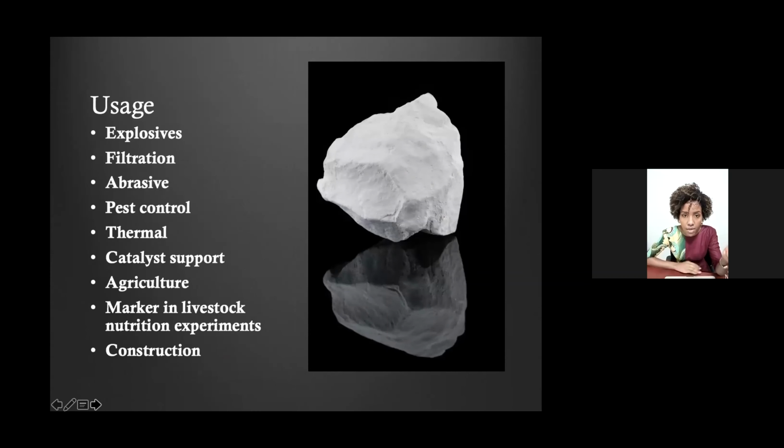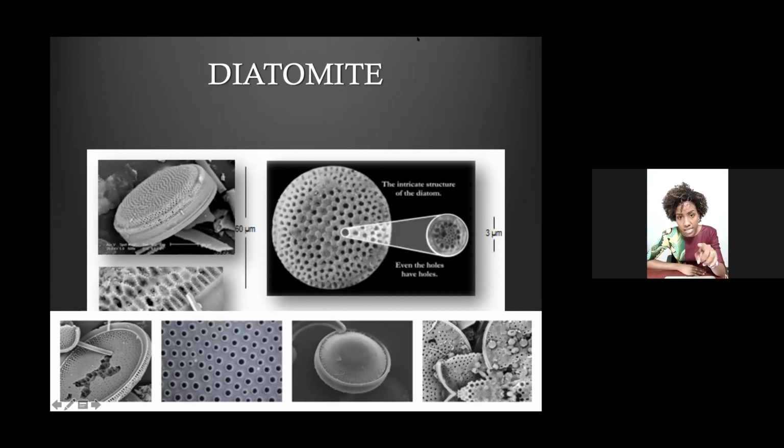This image is showing a figure of a diatomite microscope view that shows the pores that this kind of natural material has, that gives a differential characteristic compared to the other silicas.